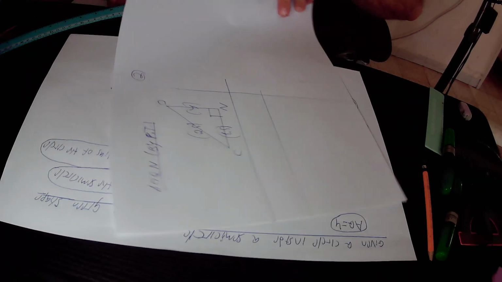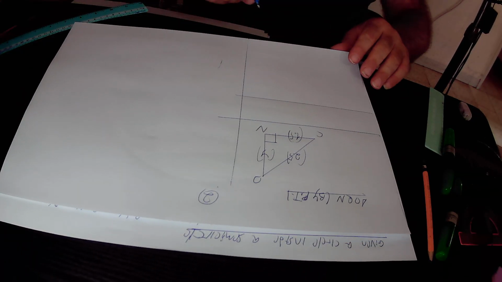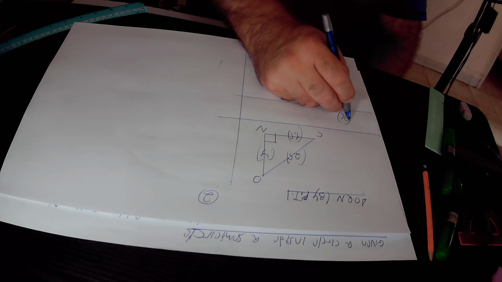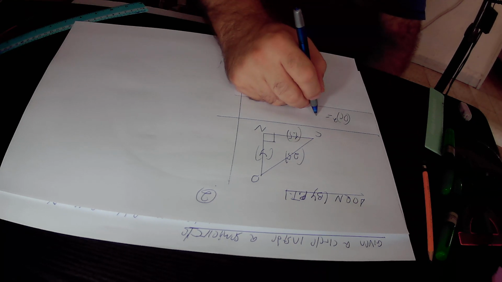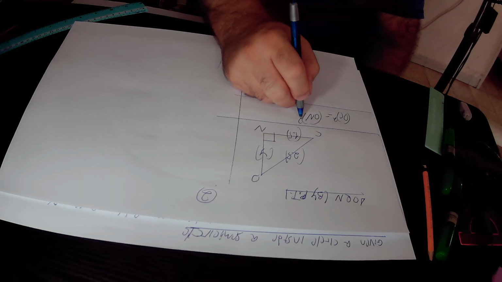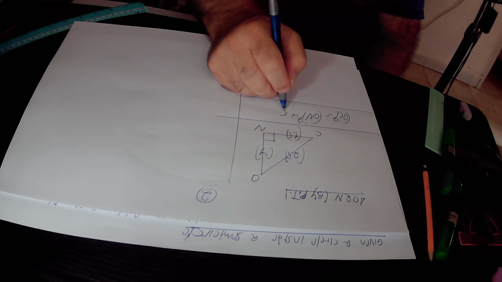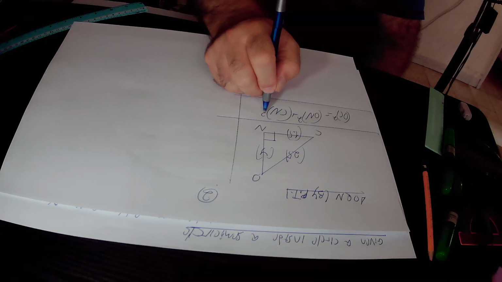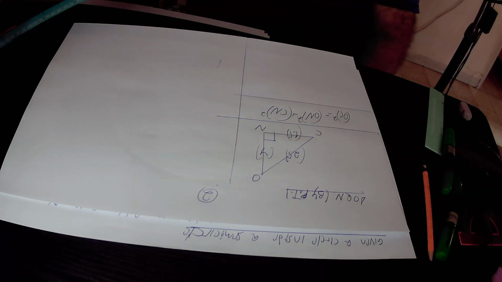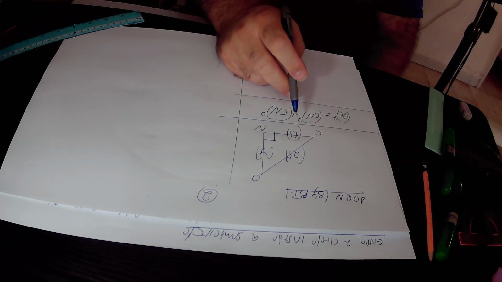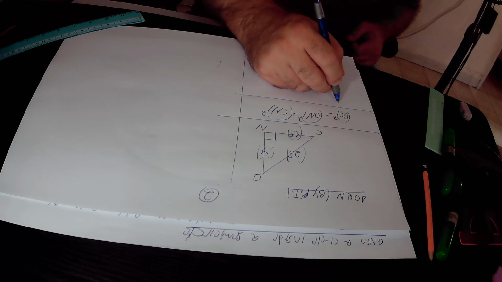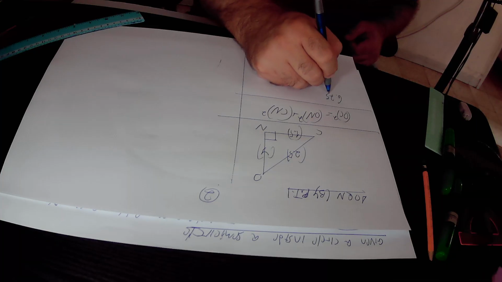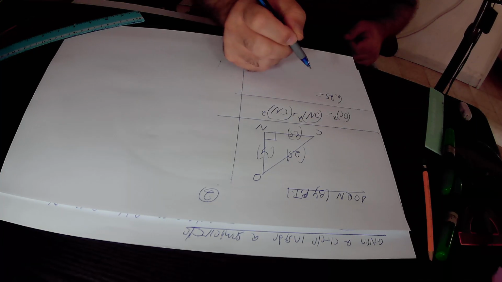OC squared, that is the square of the hypotenuse, equals ON squared plus CN squared. OC equals 2.5 units in its length, therefore OC squared is 2.5 squared, that is 6.25, and equals ON squared.